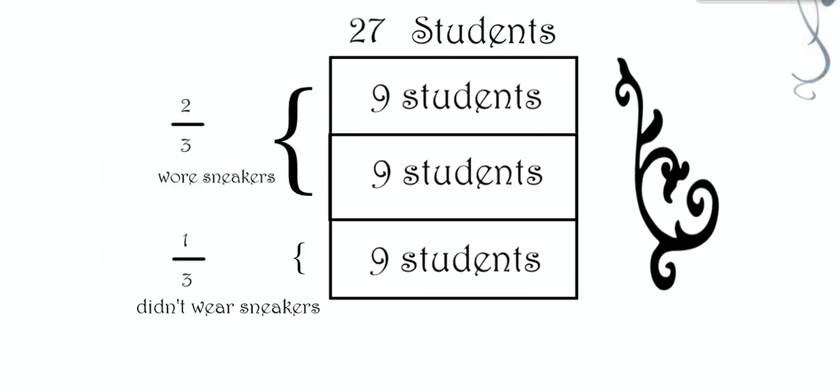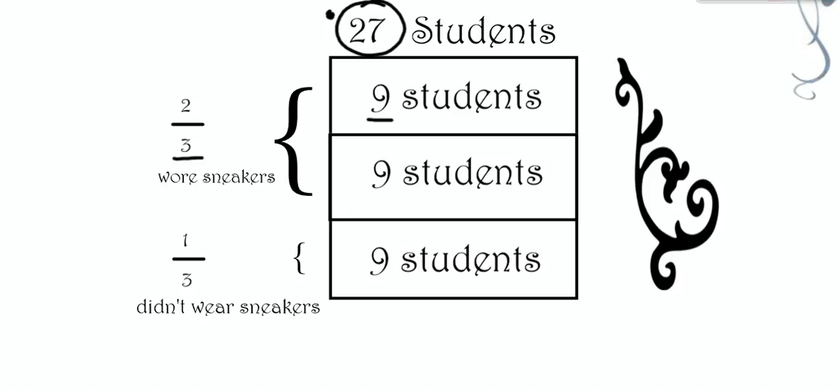We start by adding in the idea of the total number of students that we're looking at. From there, we're able to think about the fact that, yes, we're working with thirds. So we broke it into 3 equal groups, which means we need to take the total and divide it by 3. Once we've divided it by 3, we understand that it's 9, and then, of course, we put our 9 and label our students accordingly.